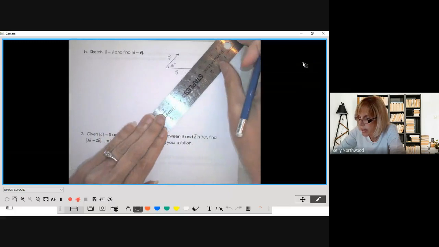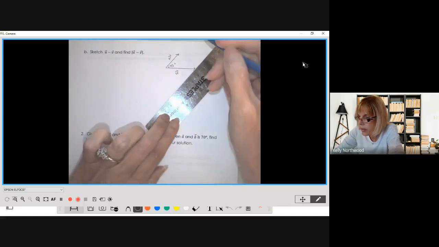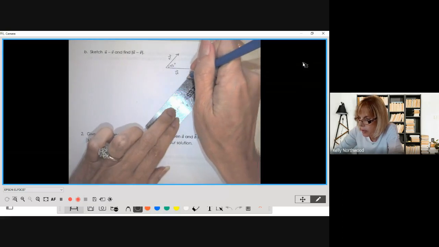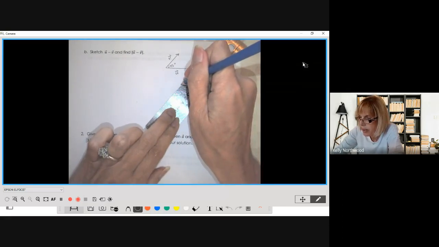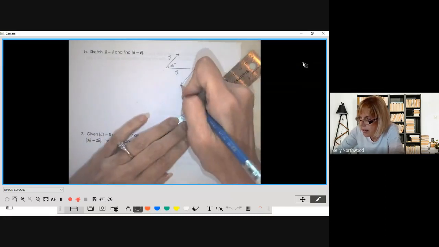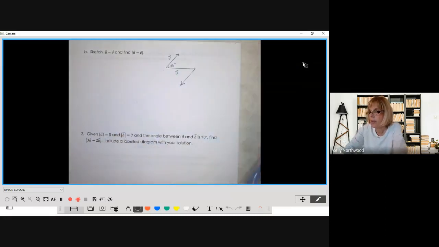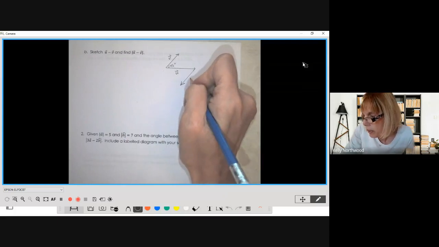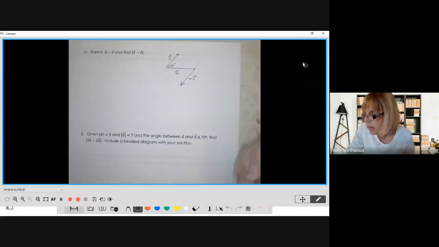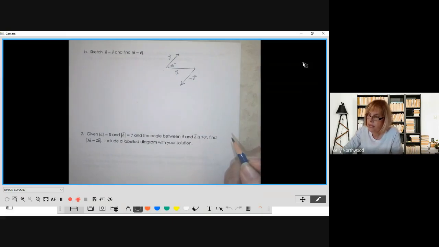So I'm going to come to the tip of vector u, and stay parallel, but draw downward, the same length approximately that I see there. And so this vector here, when you're labeling it, be careful, it's negative vector v, because it's the same magnitude as vector v, but the opposite direction.